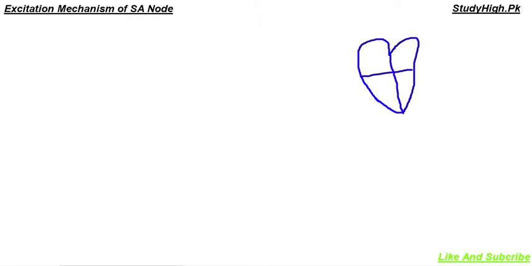I just want to recall my previous lectures, where the action potential is generated in ventricular muscles. Ventricular muscles have two types of channels. One is fast sodium channels, and second, in the heart there are L-type slow calcium channels.